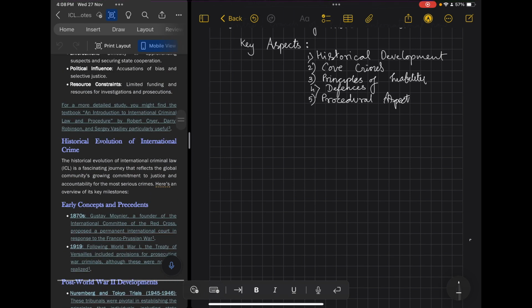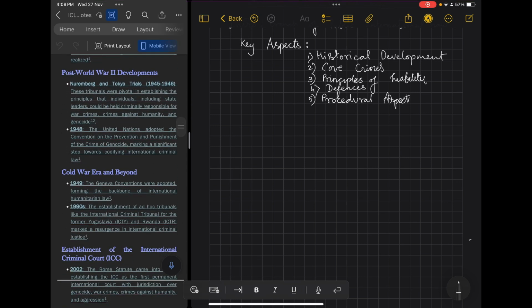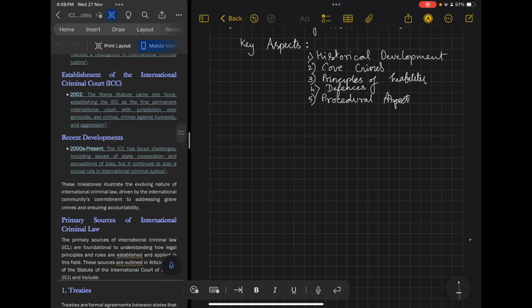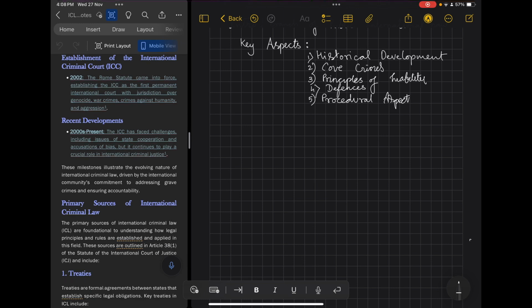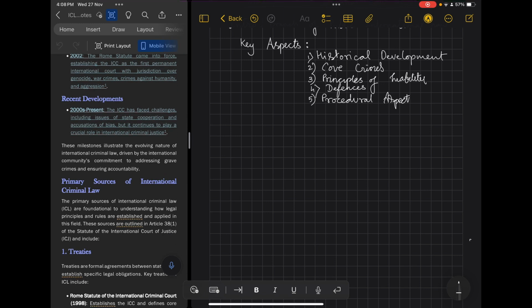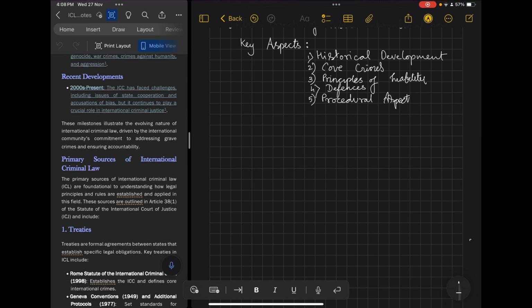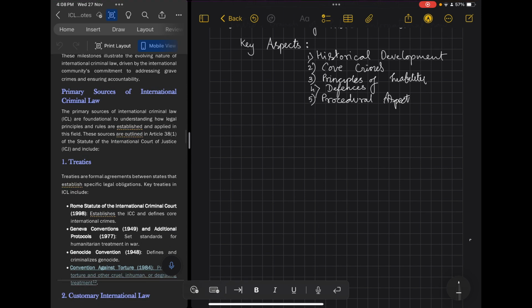Okay, so these are all coming under the history in sequence. Establishment of the International Criminal Court, we've already read that it was established in 2002. And then recent development. The ICC has faced challenges including issues of state cooperation and accusation of bias, but it continues to play a crucial role in international criminal justice. These milestones illustrate the evolving nature of international criminal law, driven by the international community's commitment to addressing grave crimes and ensuring accountability.